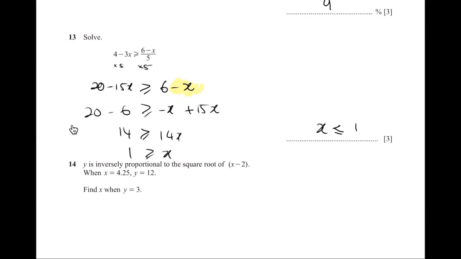Y is inversely proportional to the square root of x minus 2. So here inversely proportional means y equals k divided by the square root of x minus 2. So when x equals this, y equals that, x equals 4.25 minus 2. Find k first, okay?